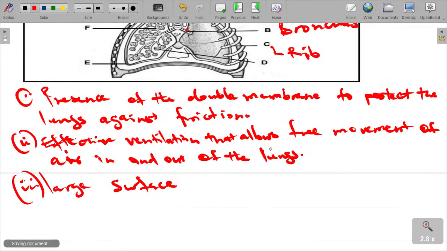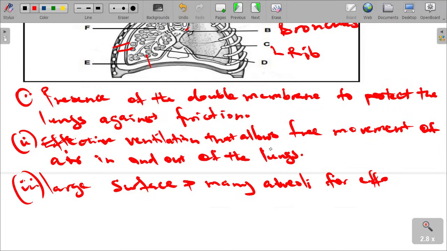You can see the alveoli are there, and many of them, so that effective gaseous exchange can take place.